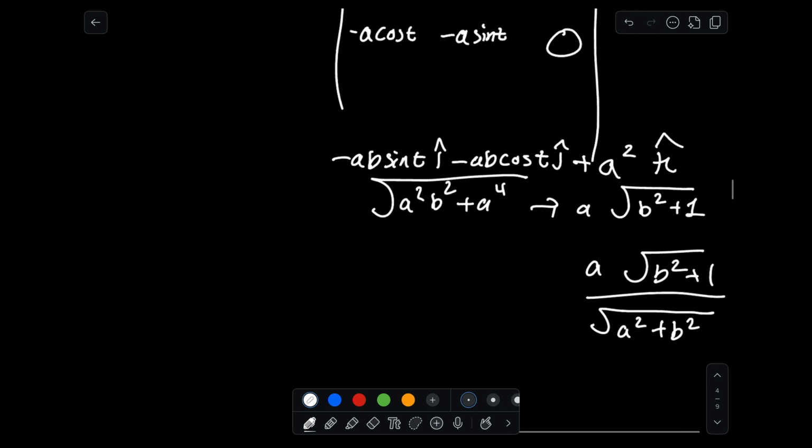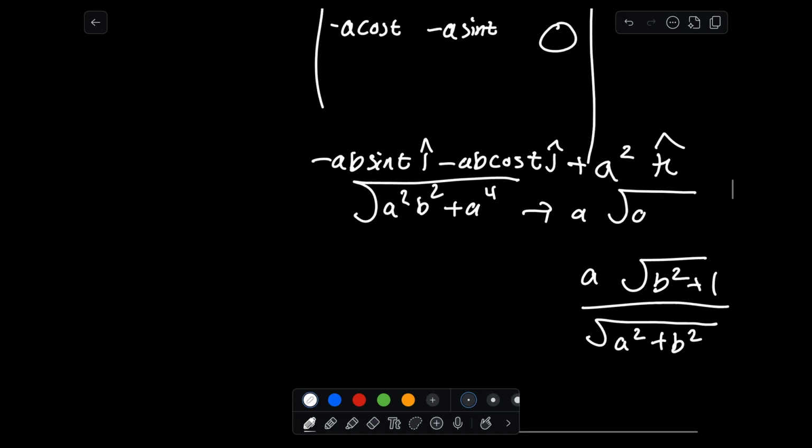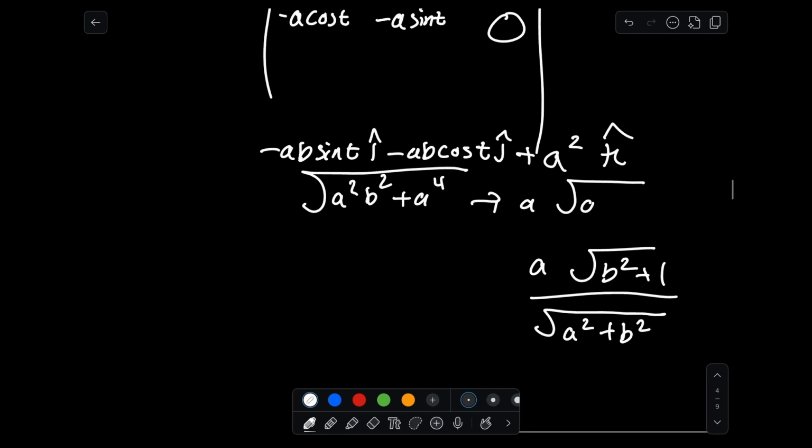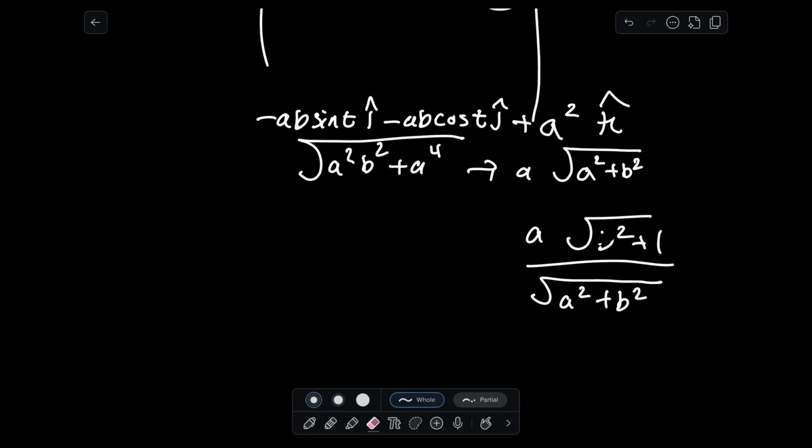Oh shoot, no, either this part right here should be A squared. That should be A squared plus B squared times A. Yeah, that is something I should have noticed a second ago.